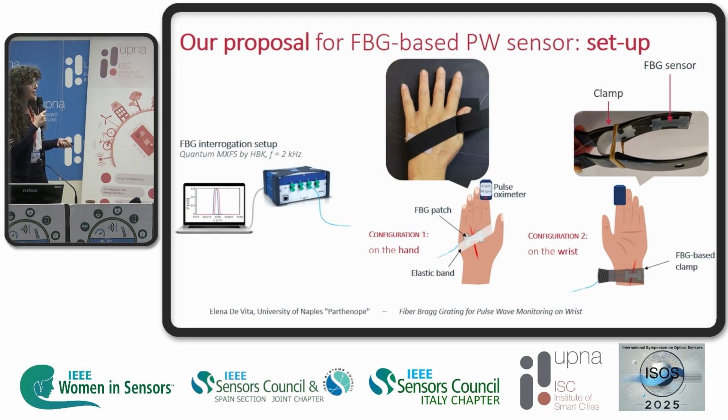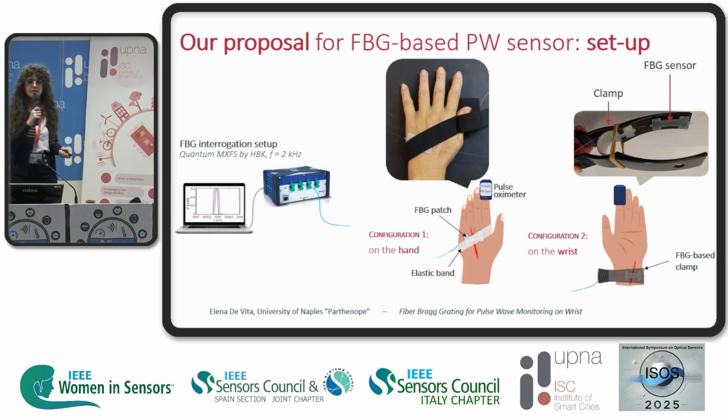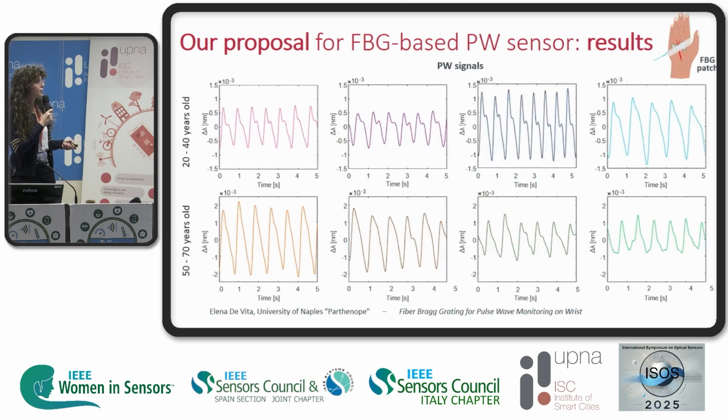In this case, the clamp is positioned on the wrist, and we monitored the radial artery. And in both cases, we used a dynamic FBG interrogator to acquire data set at 2 kilohertz for the sampling frequency.